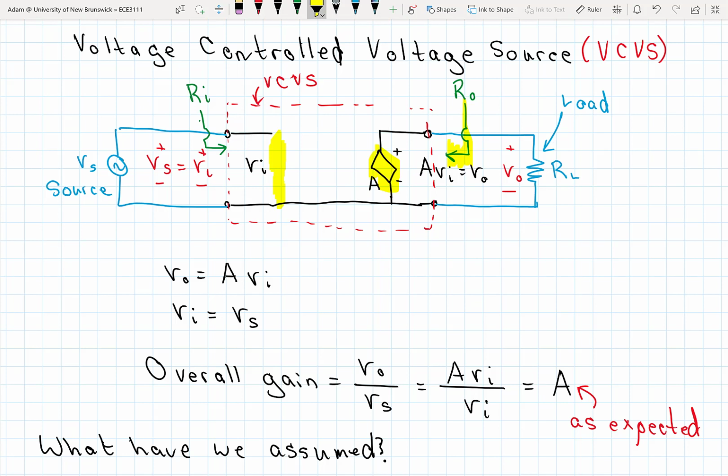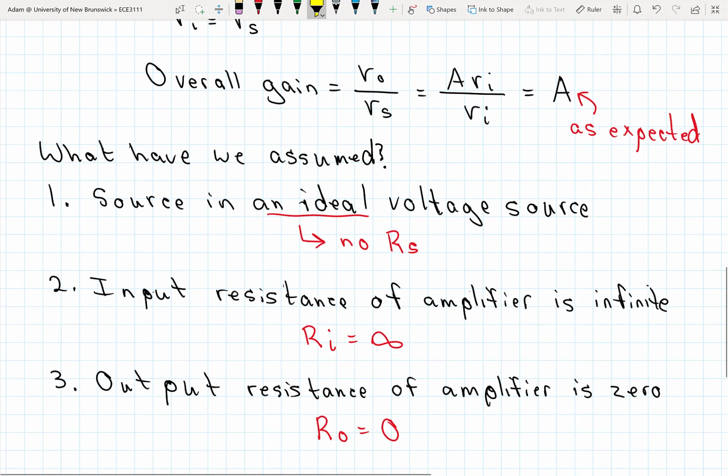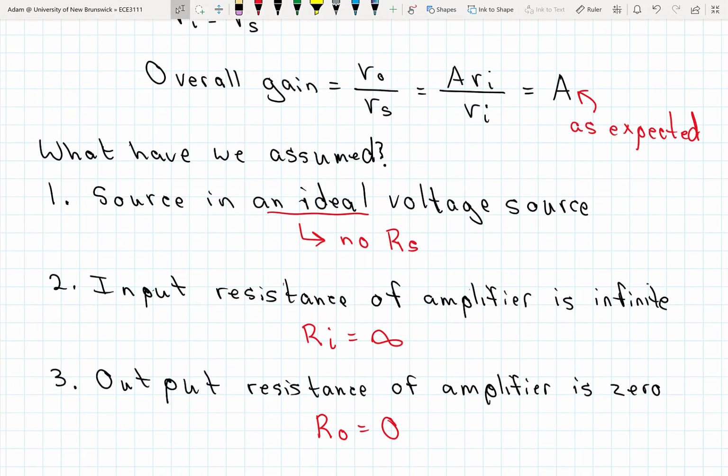So looking back from where that output R_O is labeled, we see 0 output resistance from this amplifier. Okay, so those are the assumptions we've made.